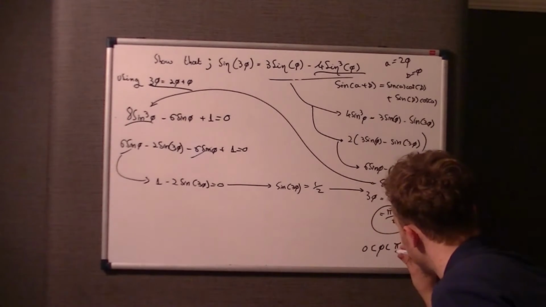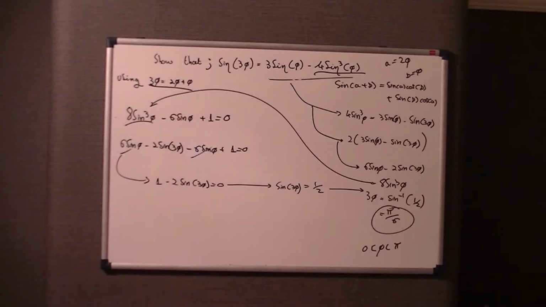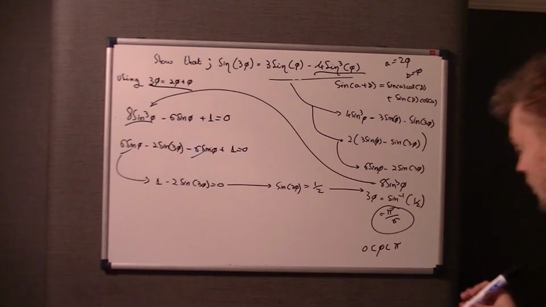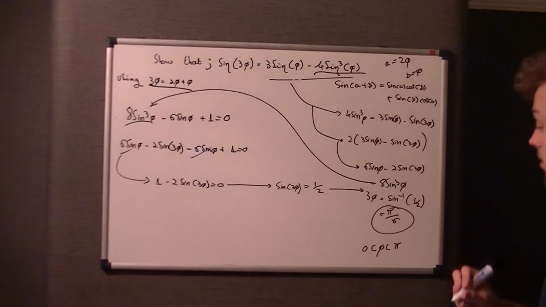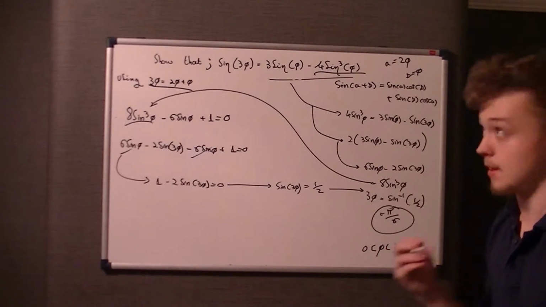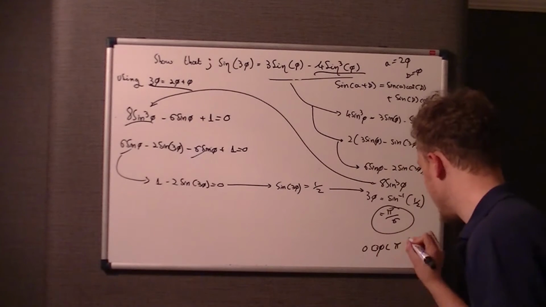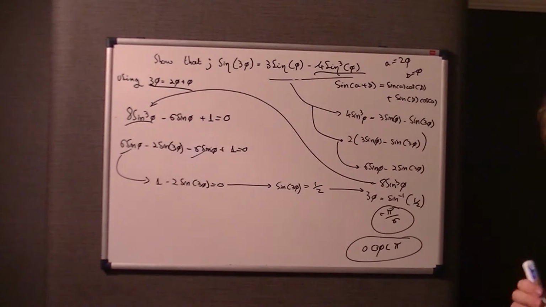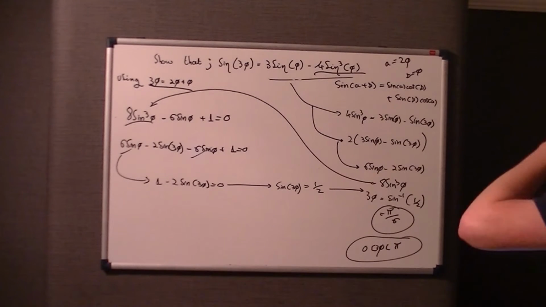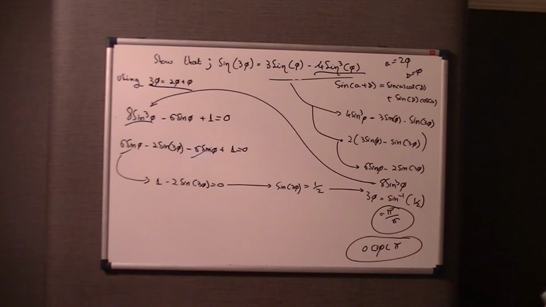But we're dealing with 3 theta, not just theta. So we triple the range. 0 times 3 is obviously 0, and then pi on 3 times 3 is just pi. So that is a range for 3 theta. And then you've just got to remember, when you get your total answers, you divide all of your answers by 3, and it should remain in the original range of thetas between 0 and pi on 3.